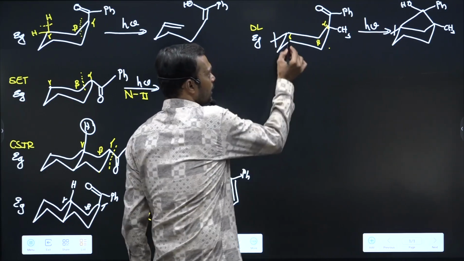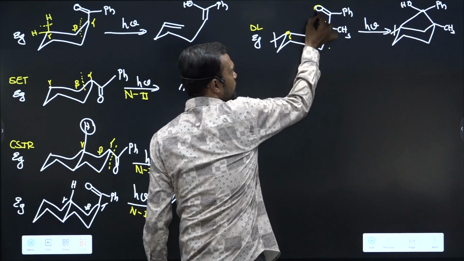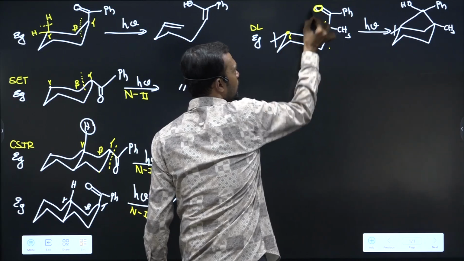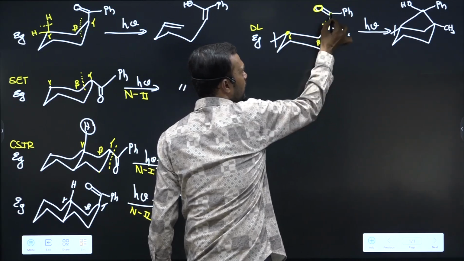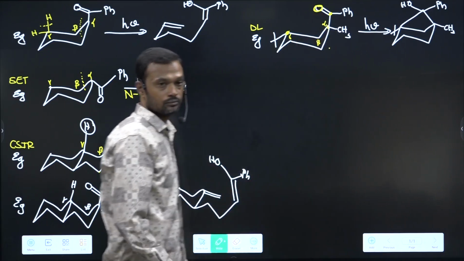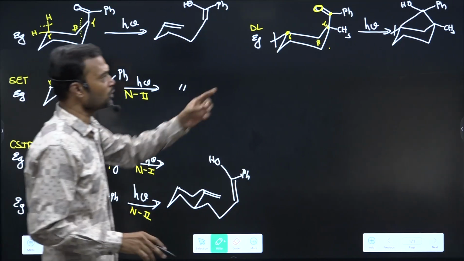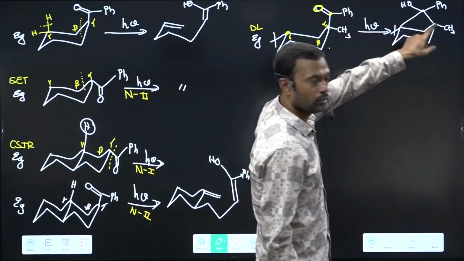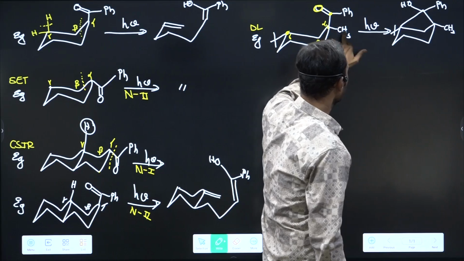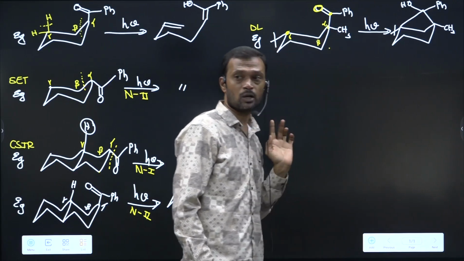Simply transfer gamma hydrogen to oxygen, put a bond between gamma carbon and carbonyl carbon. That is the answer. Cyclobutanol is formed when the carbonyl's alpha carbon has no hydrogen. It depends upon alpha carbon only.